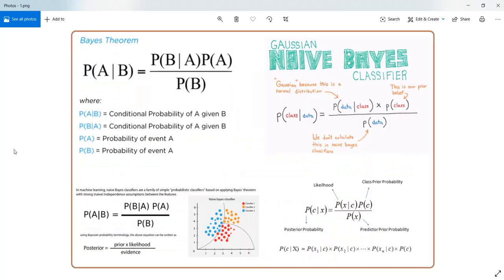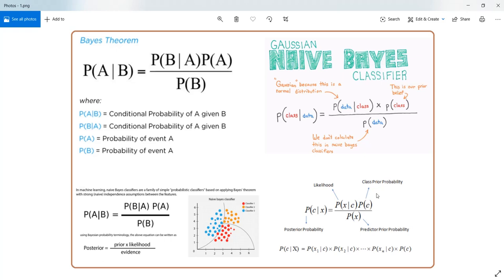Let me just highlight this thing because I have shown this. What is this posterior probability, what is this predictor probability, what is this class prior? Remember, this is the probability of no purchase, the target feature. This is the prior, because we have 30 data points, and out of them the frequency of no purchase is 6.